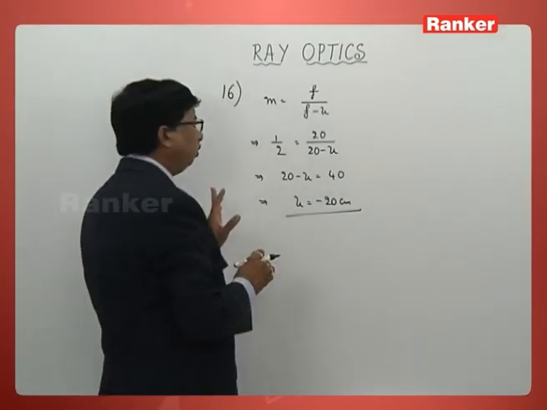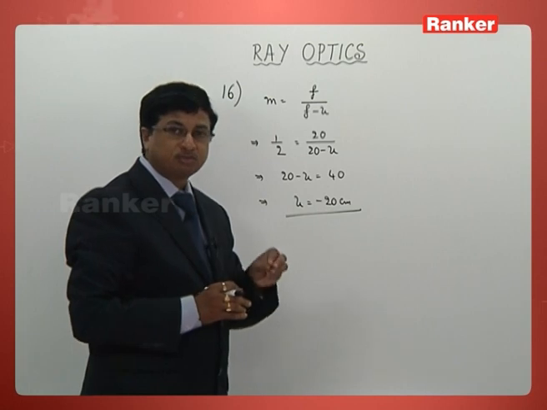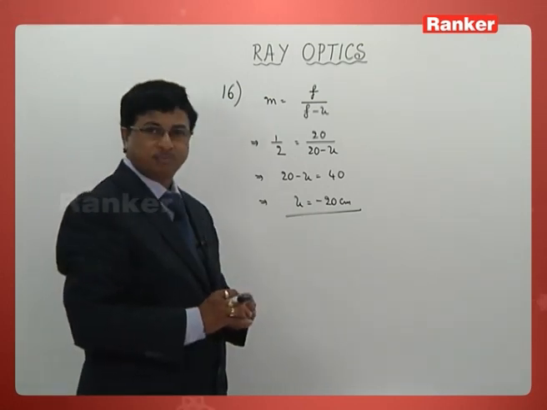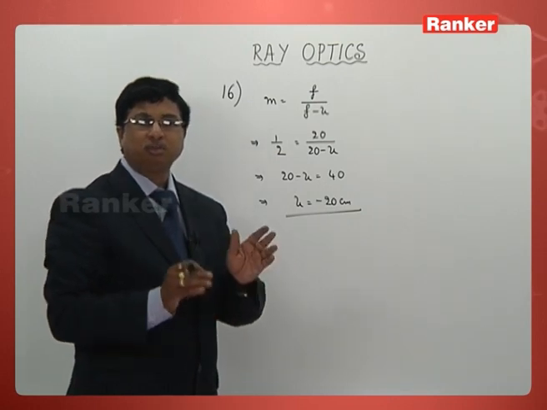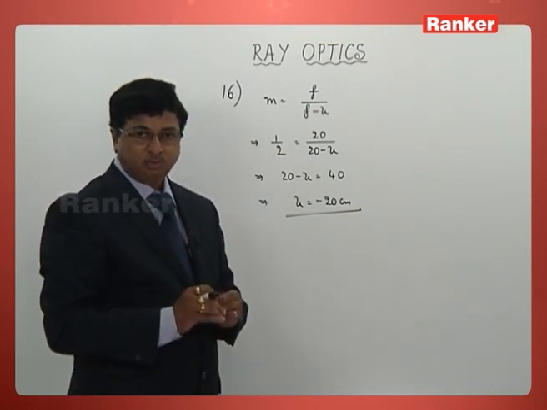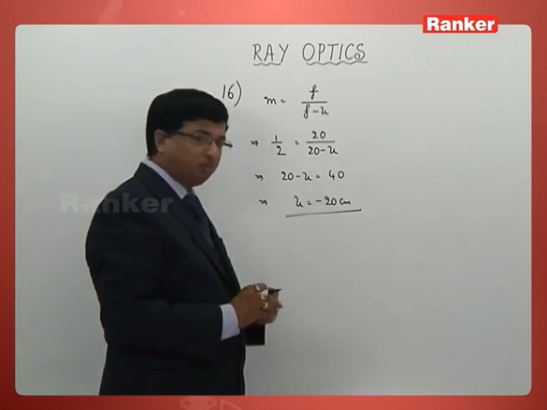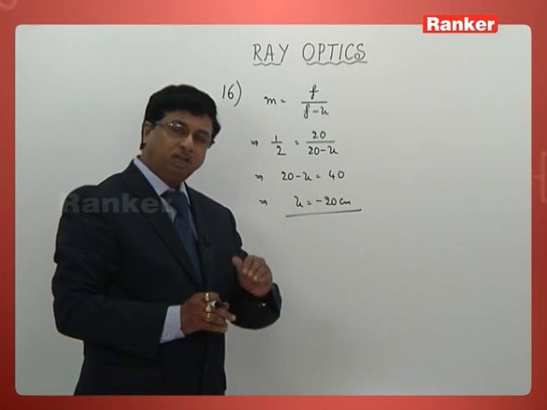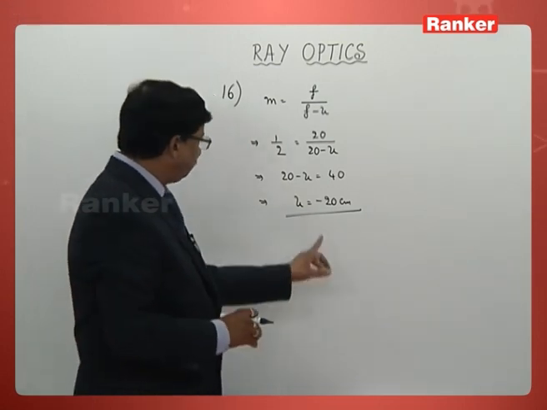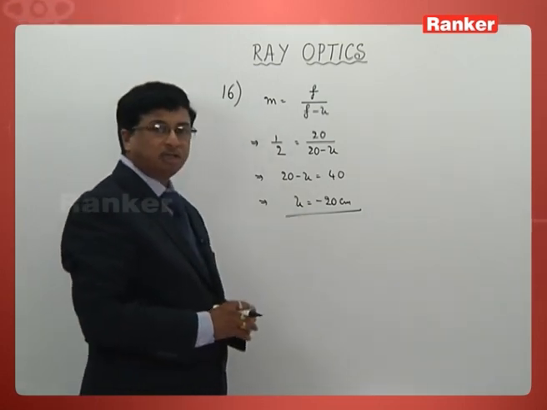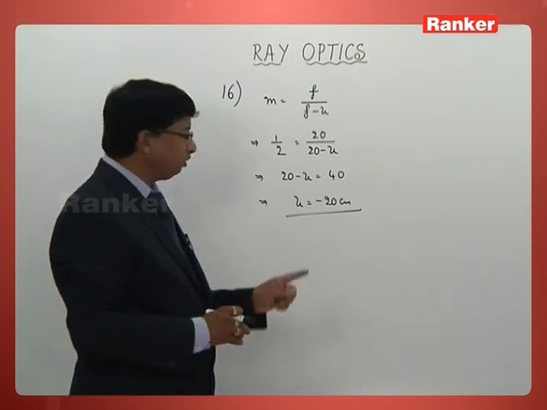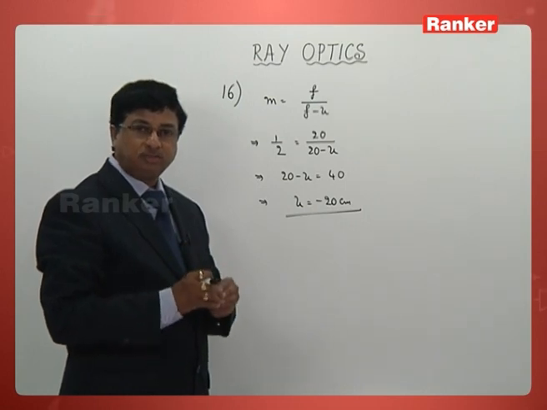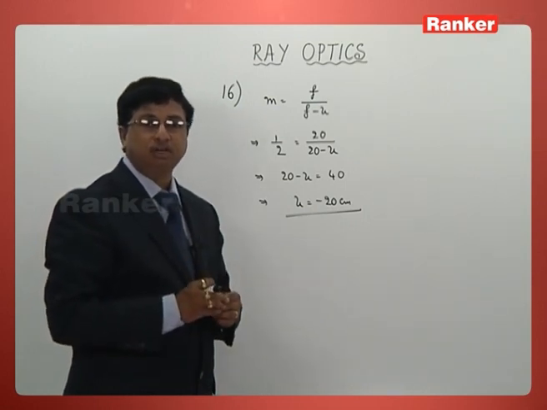You all know pretty well that in the case of a convex mirror, except for the object distance, all other distances are to be taken positive. Only the object distance will be taken negative. Image distance will be positive, focal length will be positive. So in this case, we are getting object distance as minus 20, because the negative sign indicates that we are measuring the distance against the direction of the incident ray.